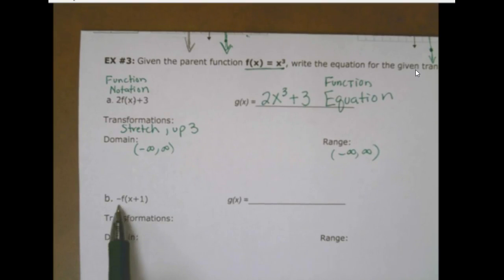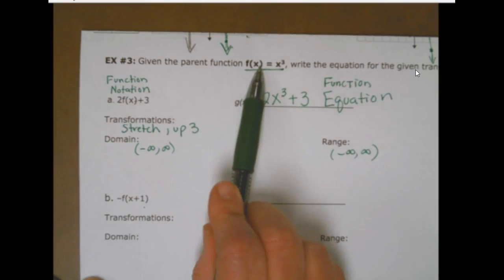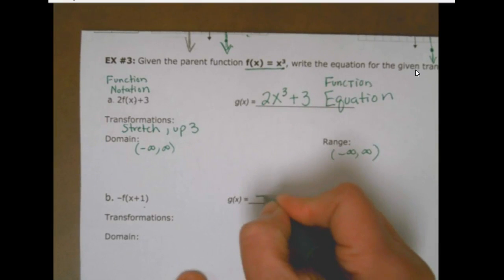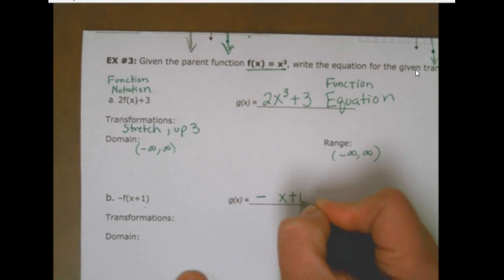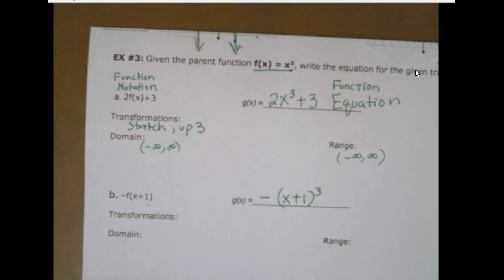This is called function notation. If I apply it to this specific function, this is -x + 1 to the 3rd power. What does the negative sign tell me to do?